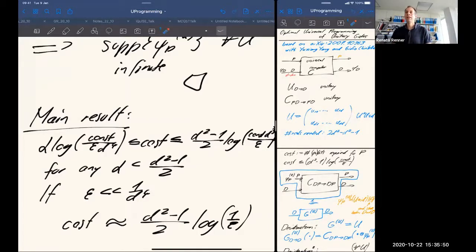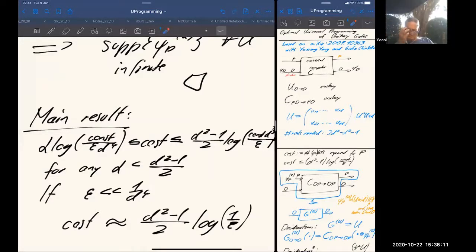The no-programming theorem, phrased in this context, tells you that as long as you're interested in waiting for a finite time and only working on finite data, you would still not get an arbitrary approximation of the desired unitary.